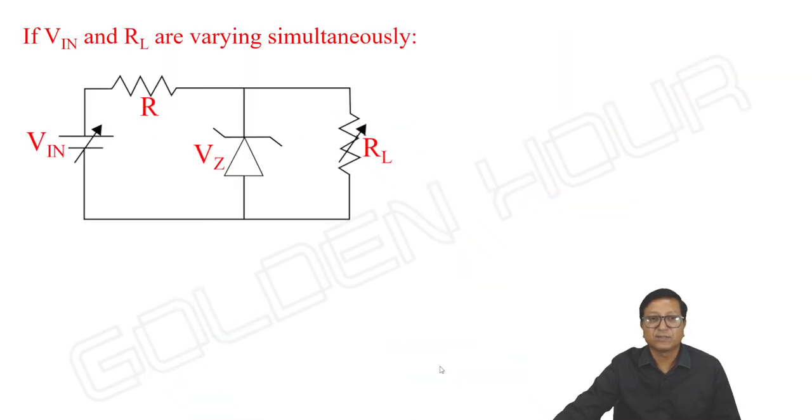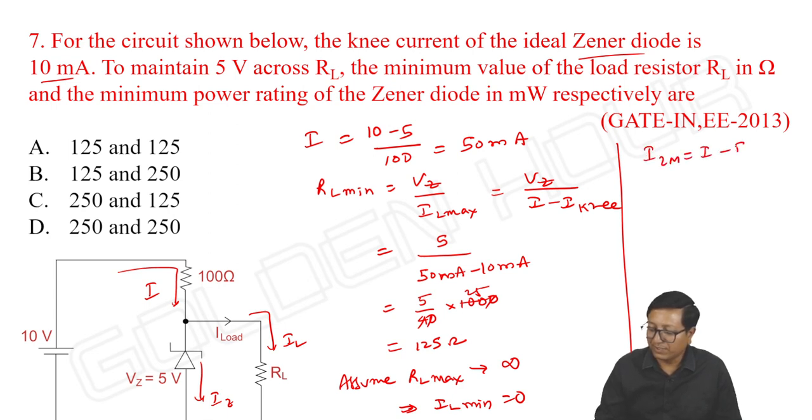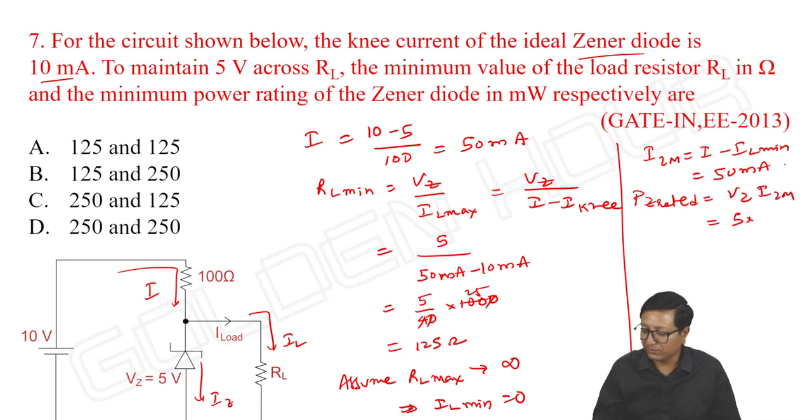If that is the case, IZM is equal to I minus IL minimum, that is I is 50 milliampere and IL minimum is 0. So PZ rated is Vz into IZM, it is 5 into 50 milli. Minimum power rating of the Zener diode, it is 250 milli.